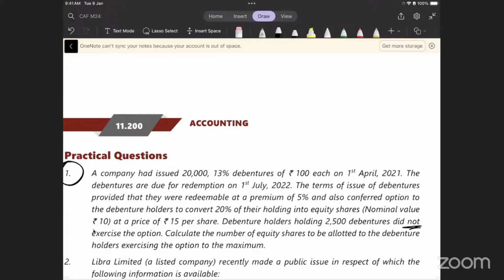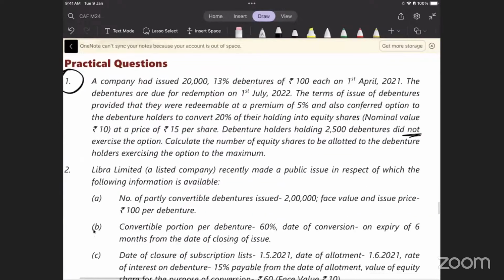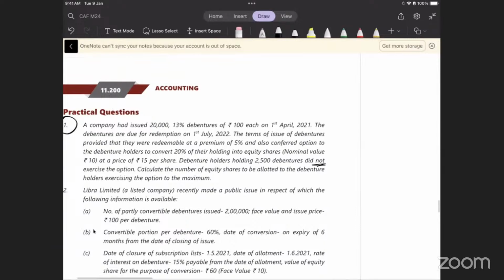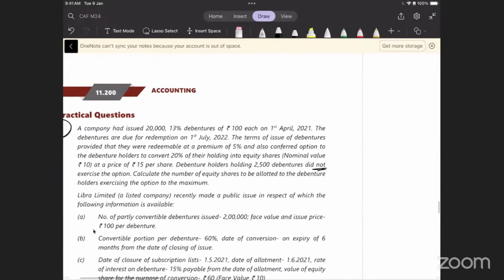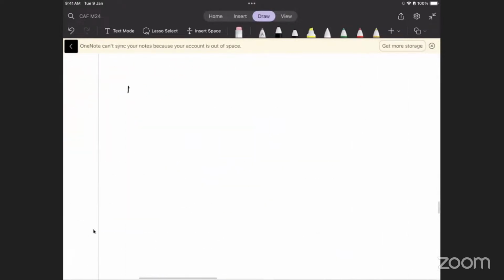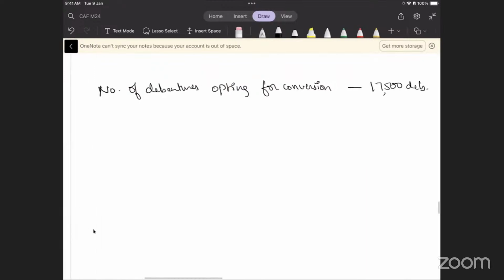Okay, let's calculate. I've got answers. If anyone else has also calculated, let me know the answers. So out of 20,000, only 17,500. Number of debentures opting for the option is 17,500.